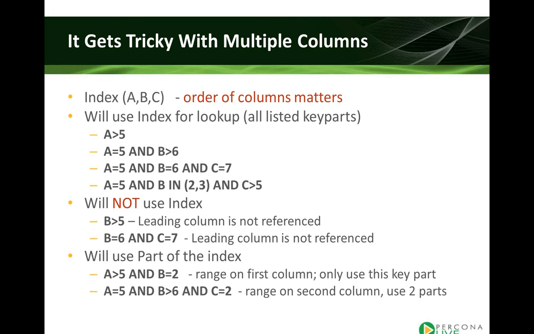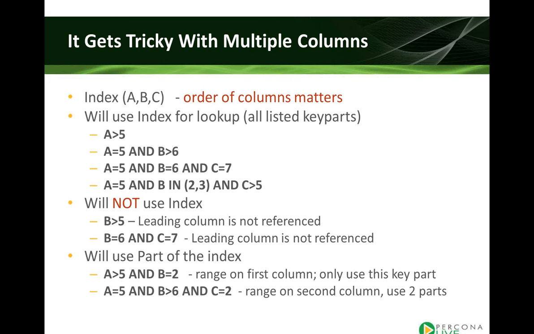Where I see a lot of mistakes and confusion is regarding MySQL not using the index completely, which is the third type. If you have something like a more than 5 and b equals 2, where you have a range on the first column followed by an equality comparison, then MySQL will only be able to use the first key part.